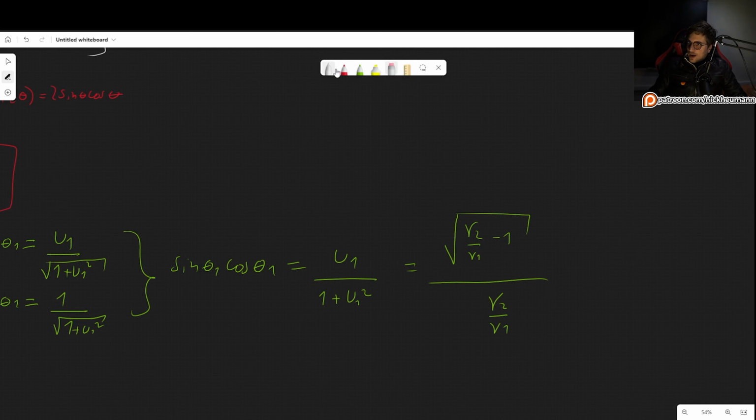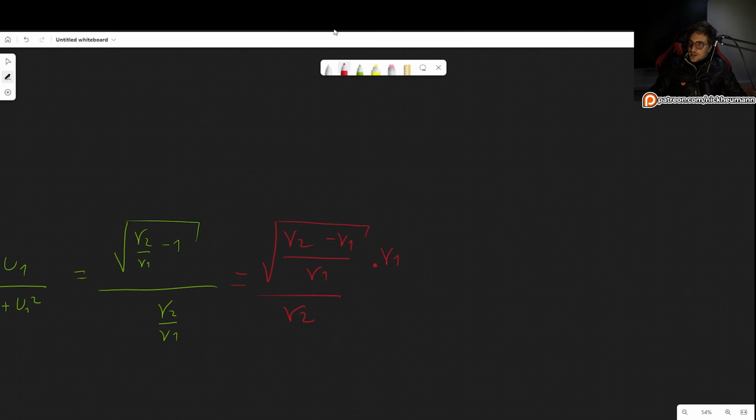And now this is dividing, so we can write this as square root of r2, and let's actually take a common denominator here, so we get r2 minus r1 divided by r1, all of this divided by r2 and multiplied by r1.